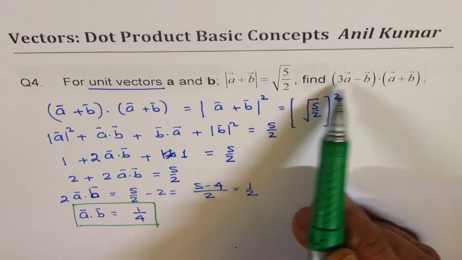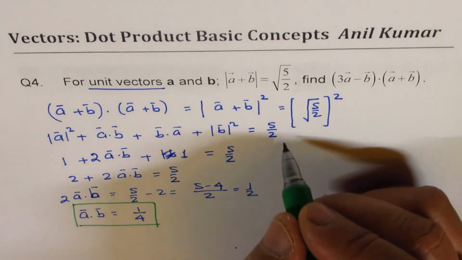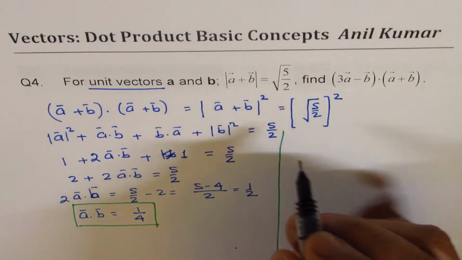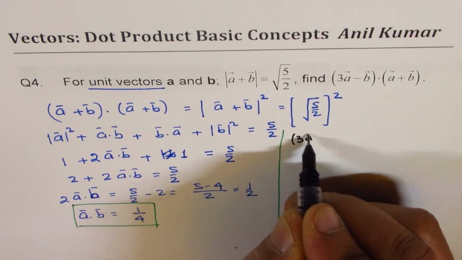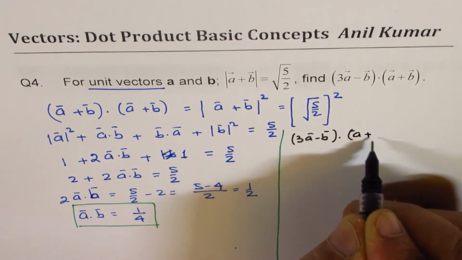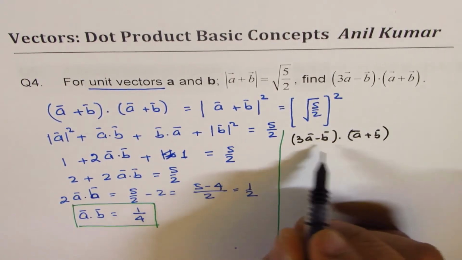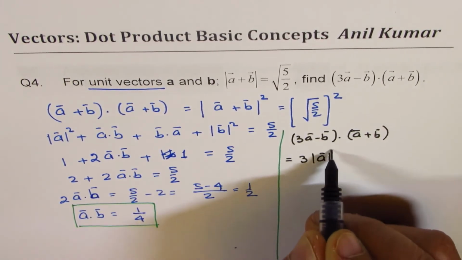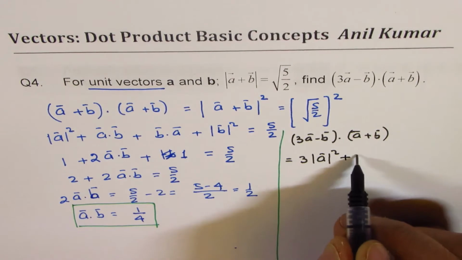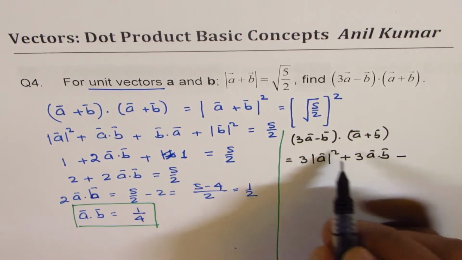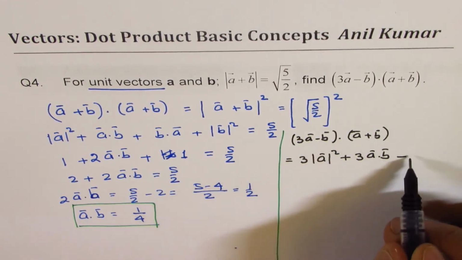Now we will actually expand this part and calculate. What do we need to find? We need to find what is 3A minus B dot A plus B, right? This is equal to 3 times magnitude of A square plus 3 times A dot B minus BA.